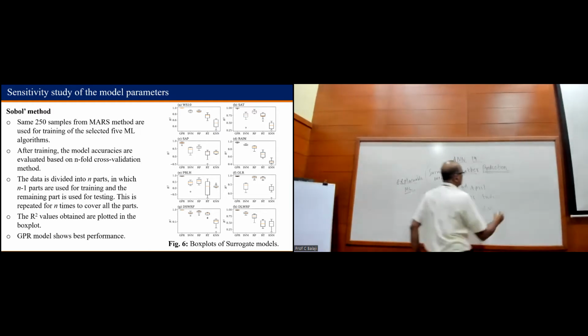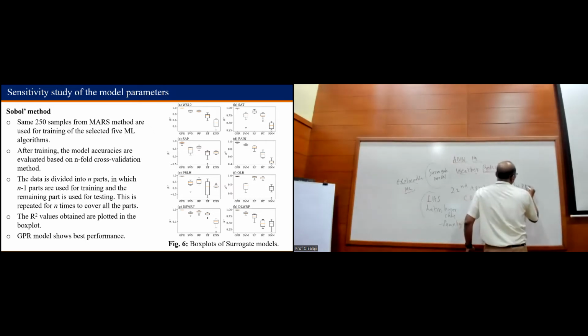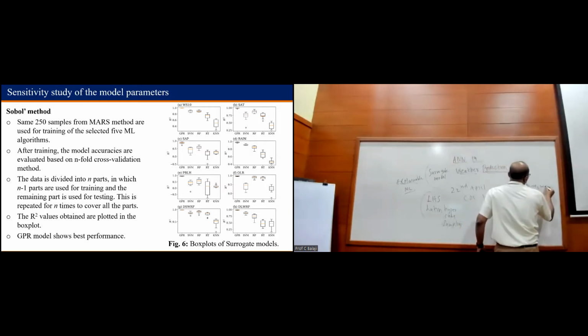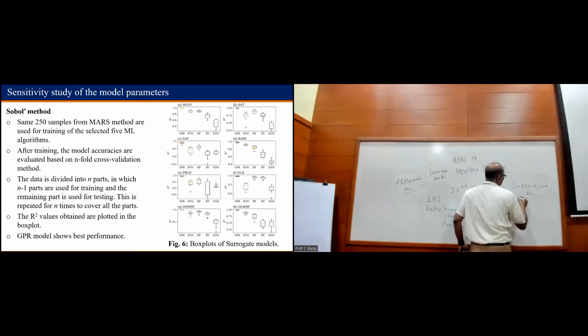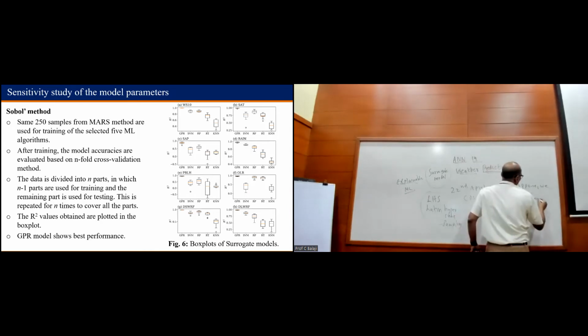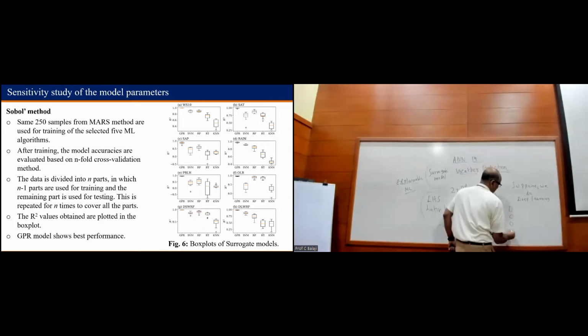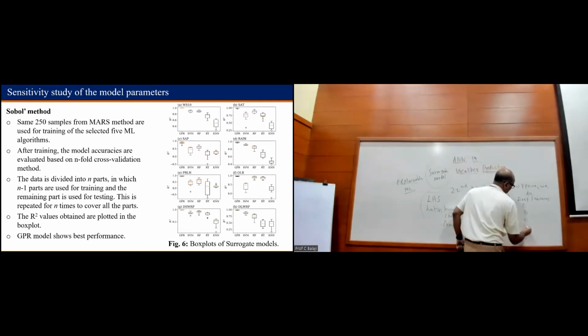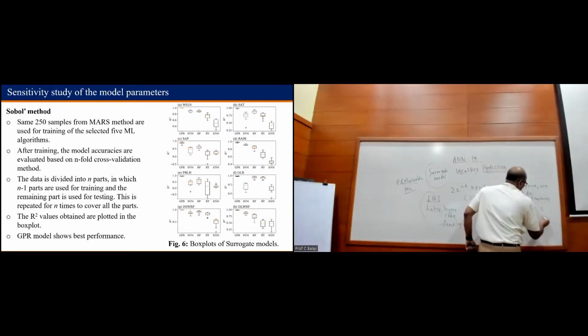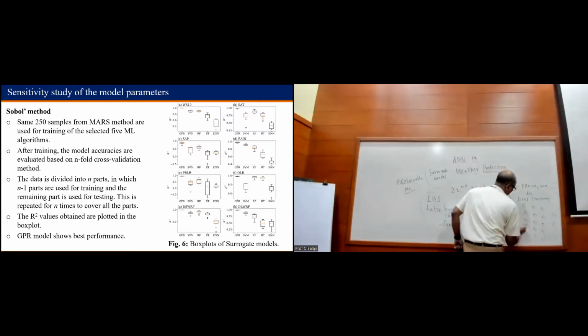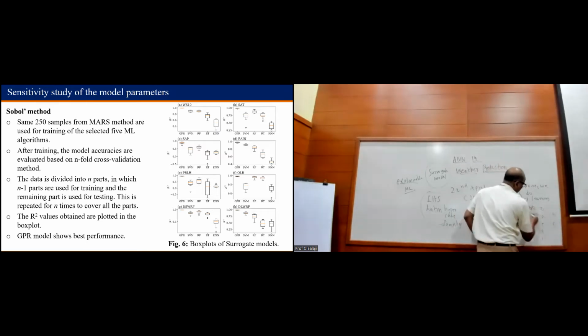But suppose we do deep learning. It will keep on going like this, and then you will get these weights W1, W2, W3 and so on.